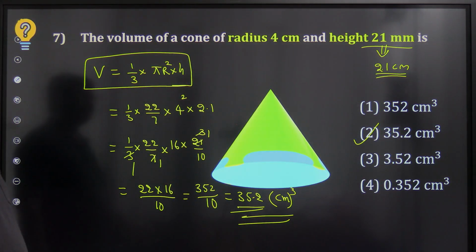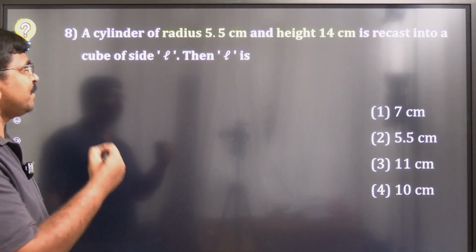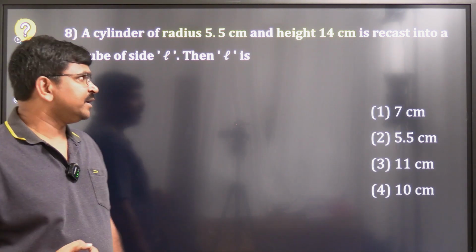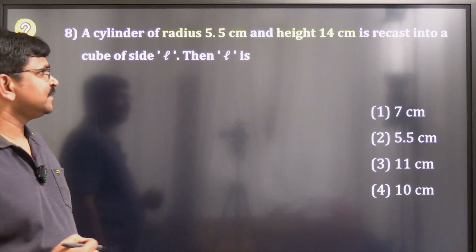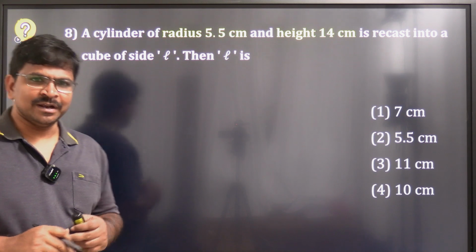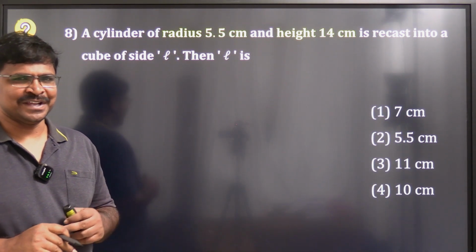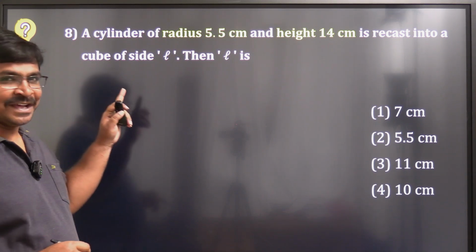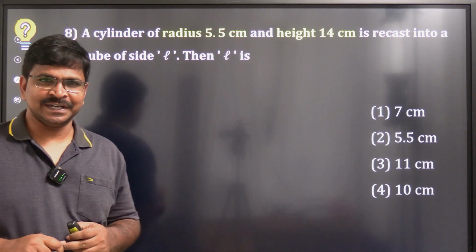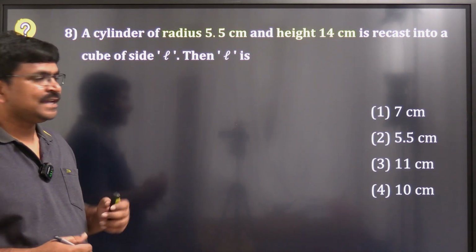Okay. Now, a cylinder of radius 5.5 centimeter and height 14 centimeter is recast into a cube of side L, then L is, once again observe here, a cylinder of radius 5.5 centimeter and height 14 centimeter is recast.